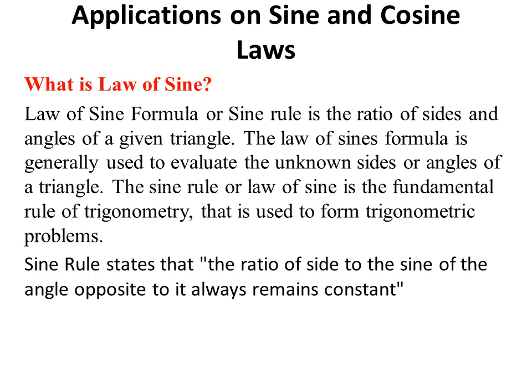The sine rule is a fundamental rule of geometry that is used to solve trigonometric problems. Therefore, the sine rule states that the ratio of a side to the sine of the angle opposite to it always remains constant.